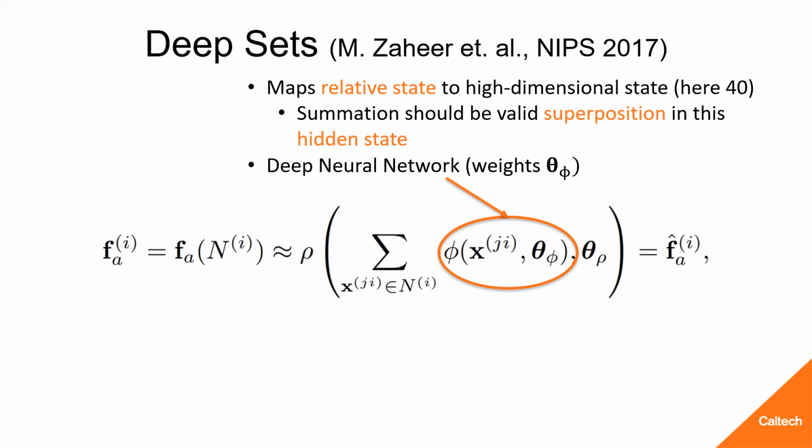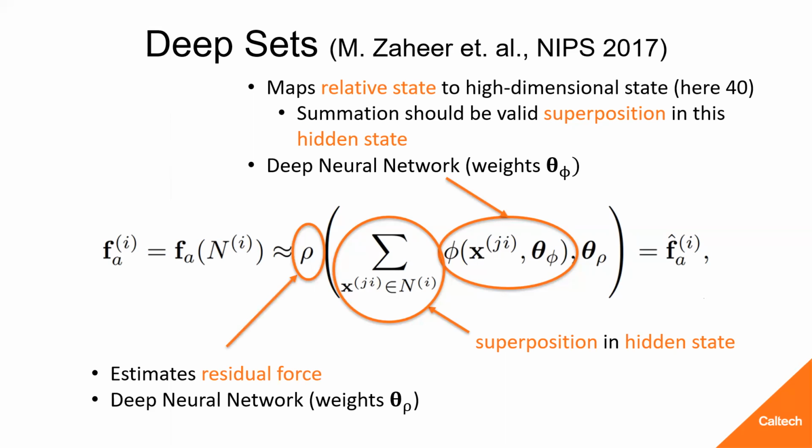So it's significantly higher than the relative state, which is just 6 dimensions. Then we have a superposition of that hidden state. Finally, we have an outer function that estimates the residual force based on all the neighboring information, and that one has another set of weights.